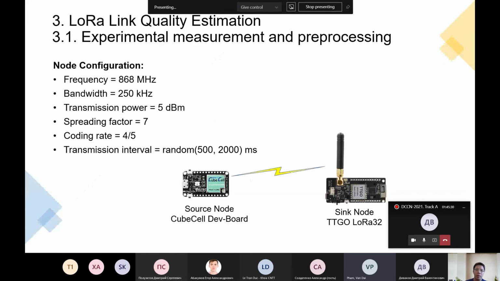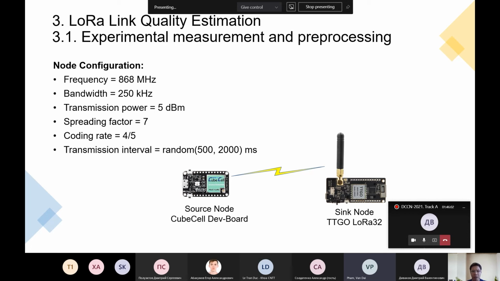Yes, shortly, in the experiment you have transmission between 2 nodes. The distance between the 2 nodes is different, and we measure packet losses between the nodes, and according to the received packets, we also measure the RSSI and the SNR, the signal to noise ratio, of the received packets.